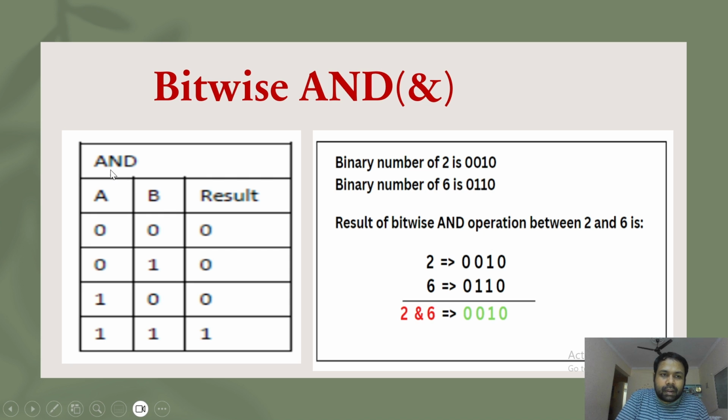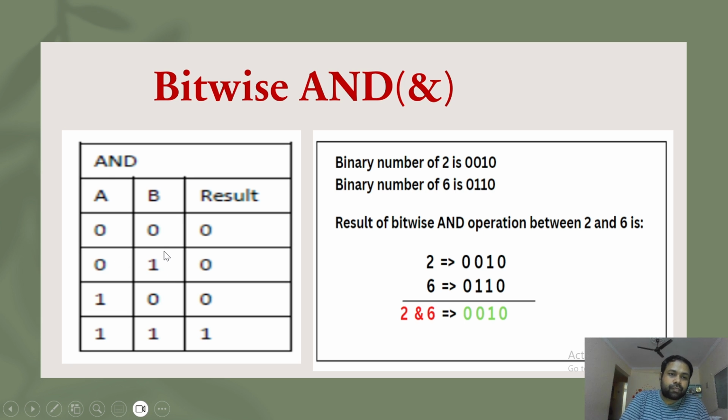If both should be 1, both should be 1 to get the answer 1. Remaining all the cases, the answer will be 0. A value is 0, B value is 0, then answer is 0. If A value is 0 and B value is 1, then also 0.